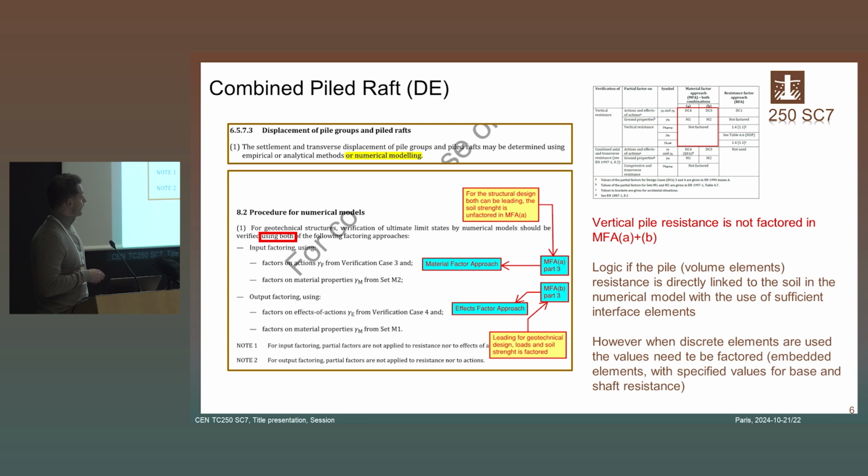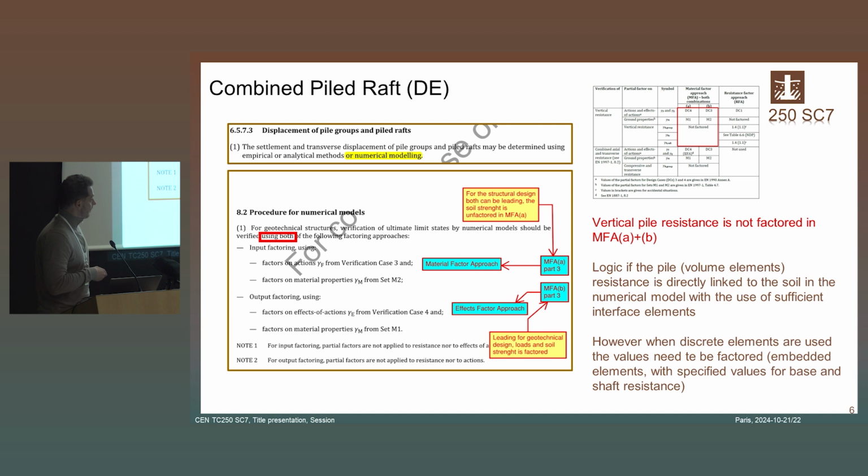Another thing that could be mentioned is that in the table the pile resistance is not factored. So in your model you're modeling your piles, and that would be logical if you have a direct link to your model and you have the right interface elements to model your shaft resistance for your shaft and your base.